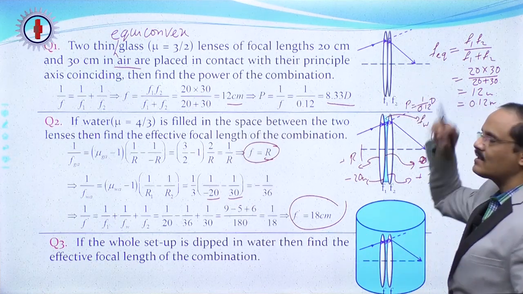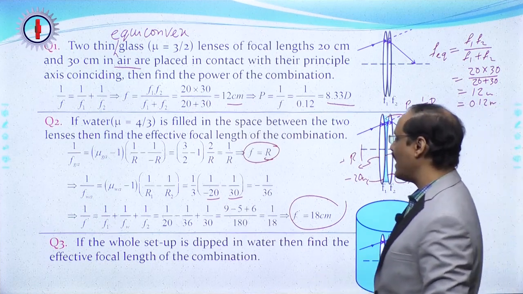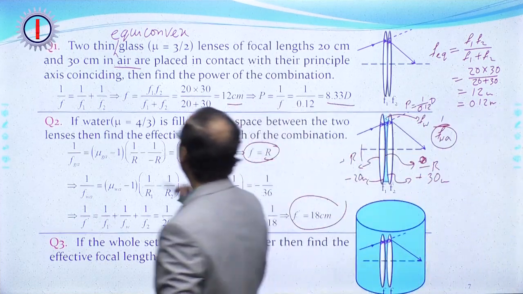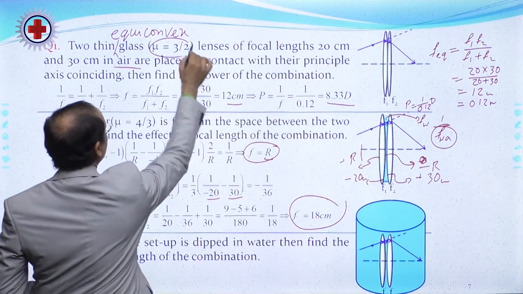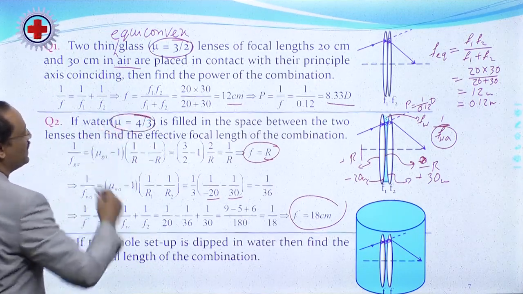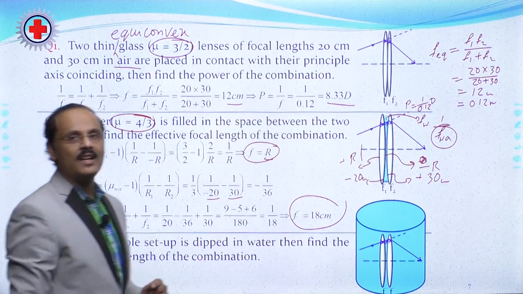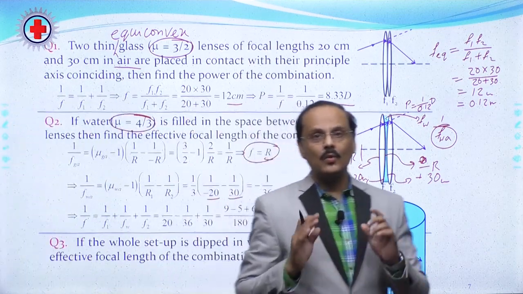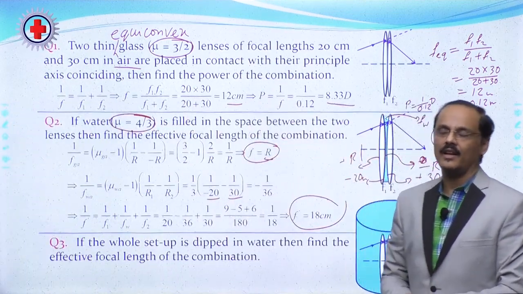When we put a glass lens in water, and if the refractive index is known, glass has refractive index 3 by 2 and water has refractive index 4 by 3, then that glass lens's focal length becomes 4 times of that in air.